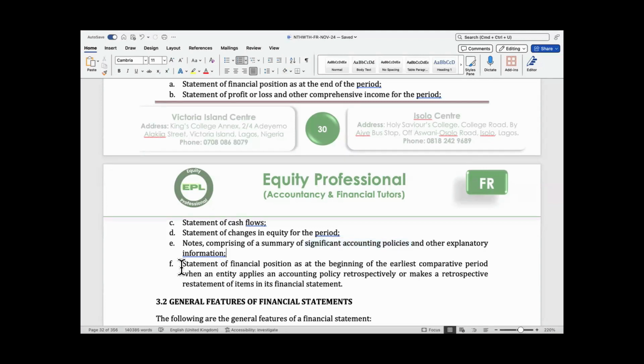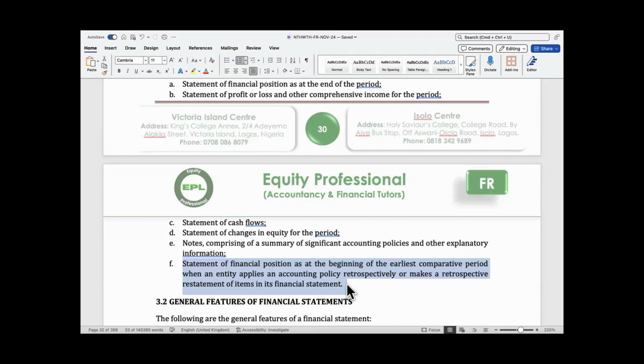So this one, you might not really get it so well now, but you will learn it when I teach you IAS 8. You will see that sometimes you could have made some mistakes in previous years' accounts that you're only discovering in the current year.